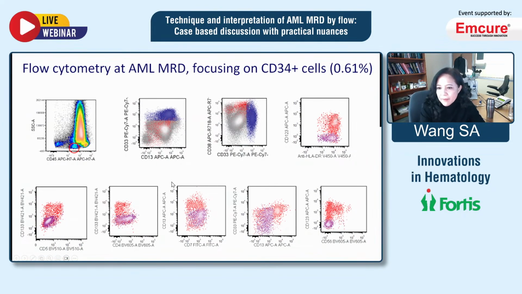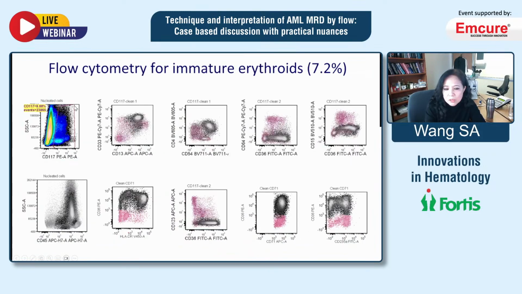The myeloid precursor has actually CD56. Another important thing is looking at the CD117 gate, because if you want to look at erythroid, we usually look at the immature ones. We gate on all the CD117 positive cells, including high scatter. For the CD117 positive cells, you can see they go all the way to what we think are granulocytes.